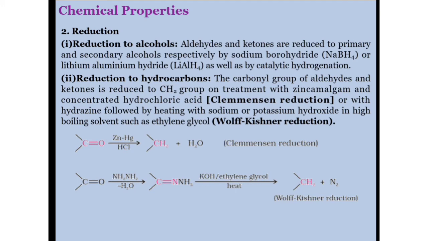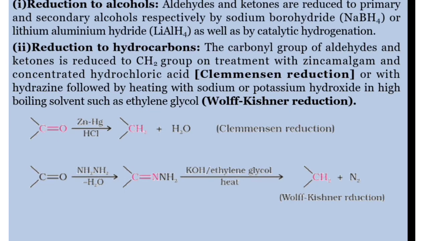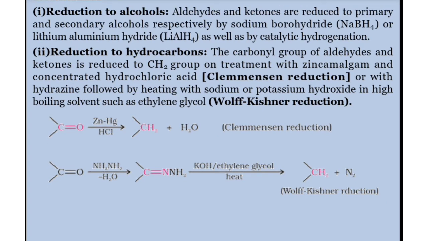You can reduce aldehydes and ketones to alcohols. Aldehydes and ketones are reduced to primary and secondary alcohols, respectively, by sodium borohydride and lithium aluminum hydride. So basically, what we're saying is that to reduce aldehydes and ketones, you need to have either sodium borohydride or lithium aluminum hydride.